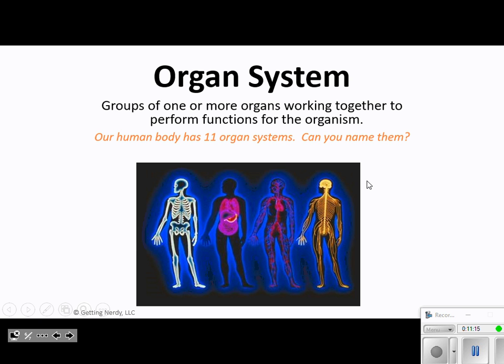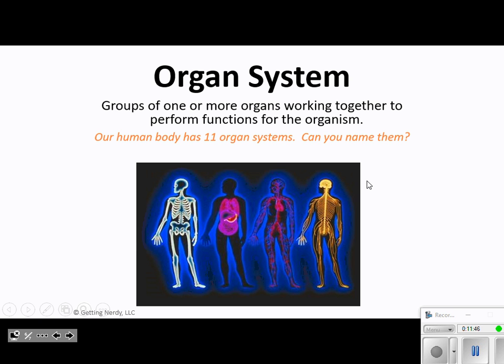We need the heart to pump the blood, right? We need lungs, right? The lungs get the oxygen from the air and put it into the blood. So there's two different organs right there, the lungs and the heart, that are working together to get you and I oxygen to all of our cells.